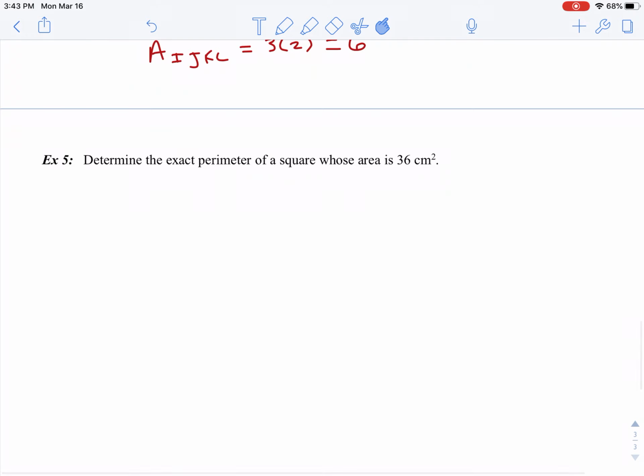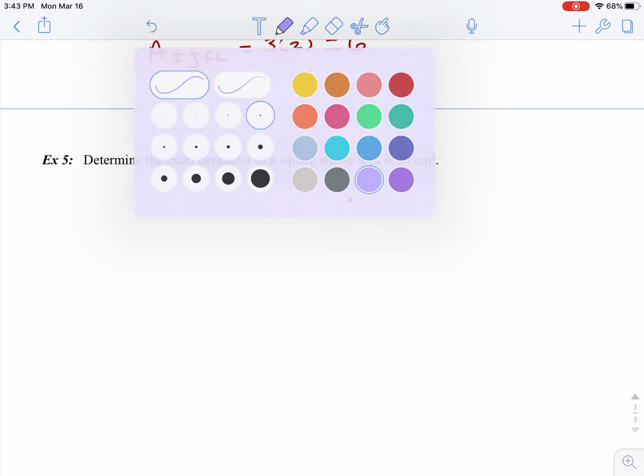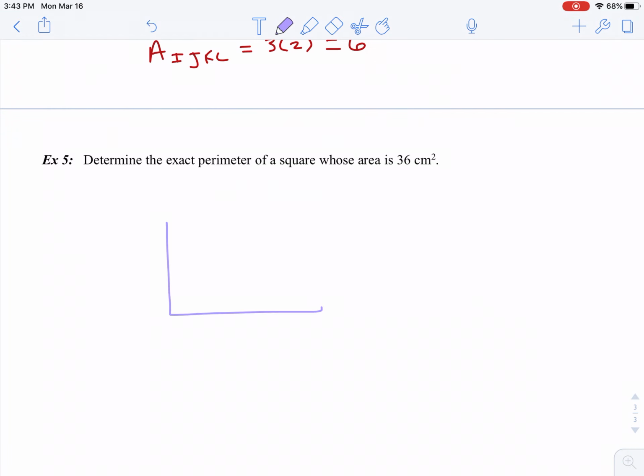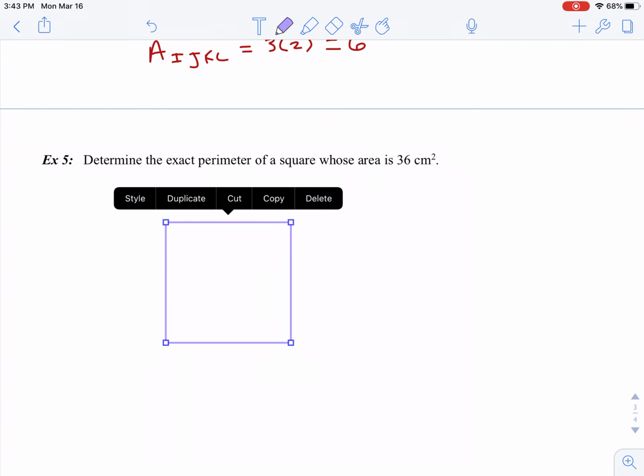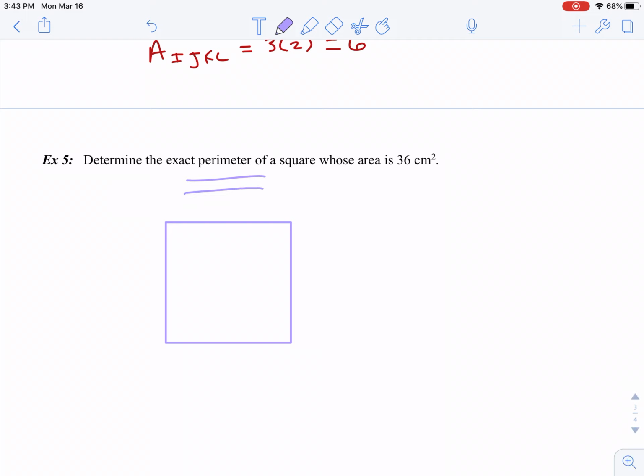Now, the very last problem we're going to look at, we have to make sure we read carefully. It asks us to find the perimeter of a square. So I know that the area is 36, but I don't know what my sides are.